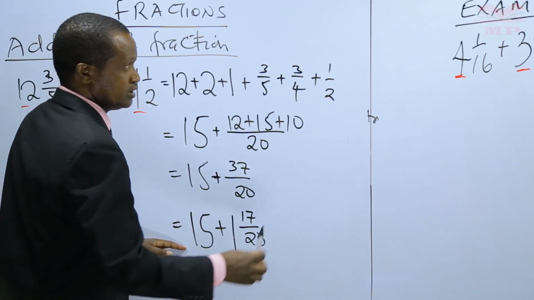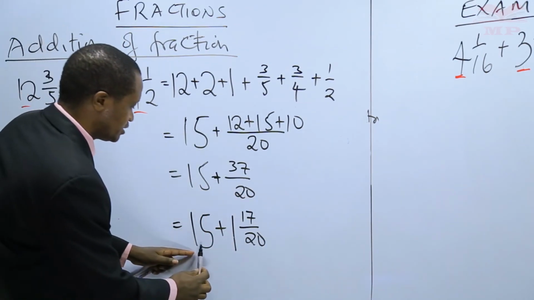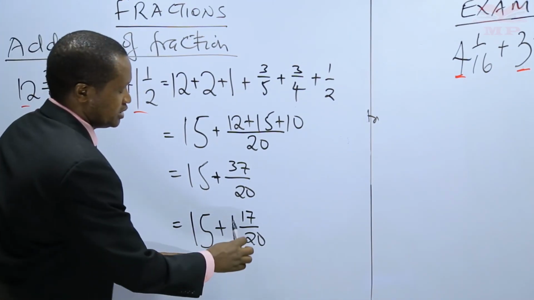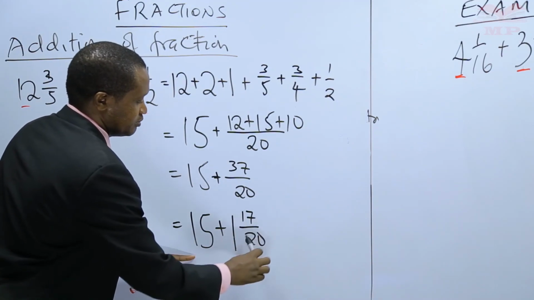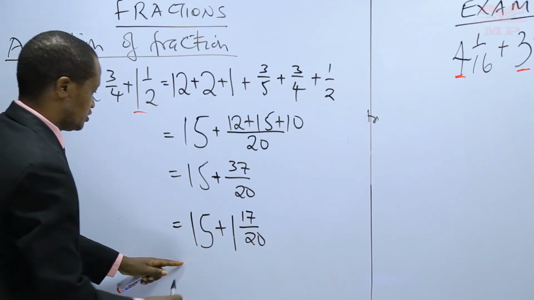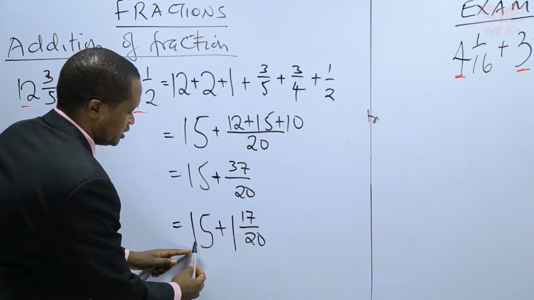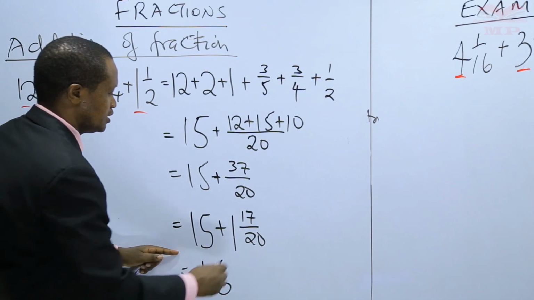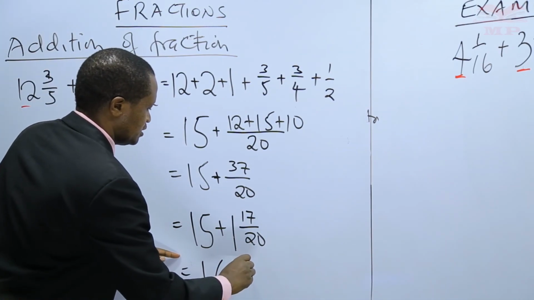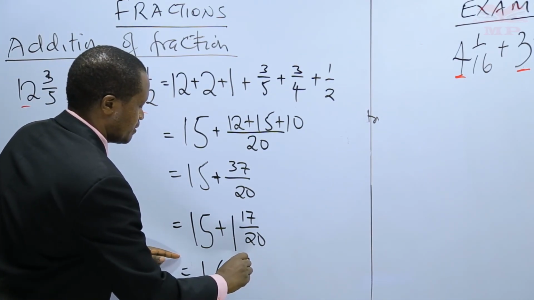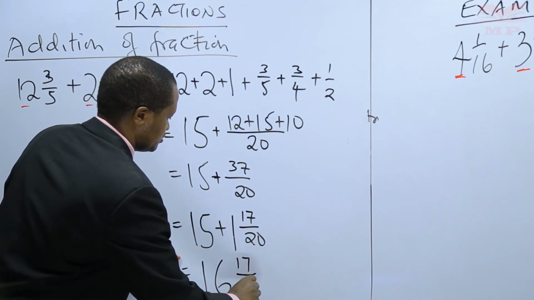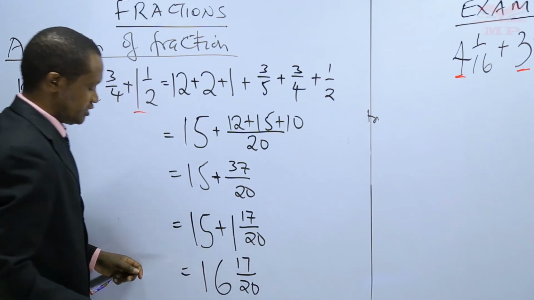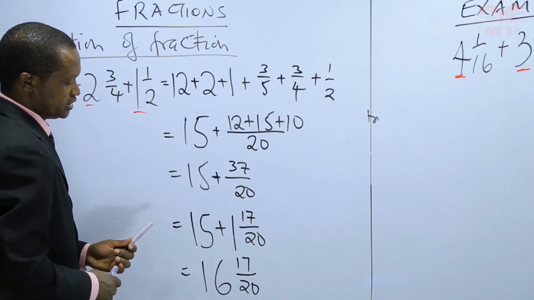Then we add the whole numbers and simplify the fractions. So we add 15 to 1, which gives us 16, and 17 over 20. 17 over 20 cannot be simplified further. So the answer is 16 17 over 20.